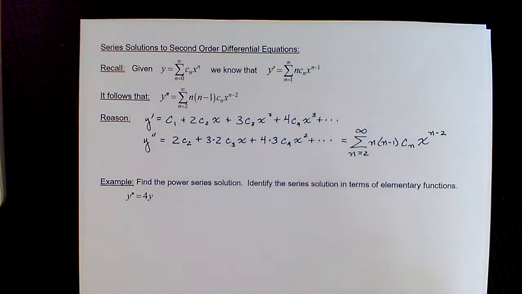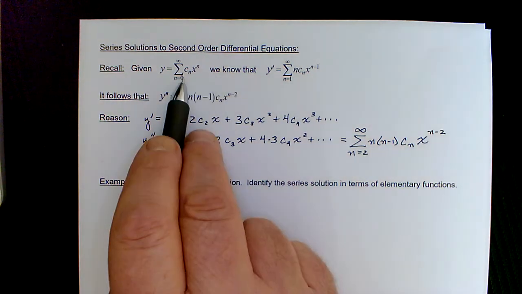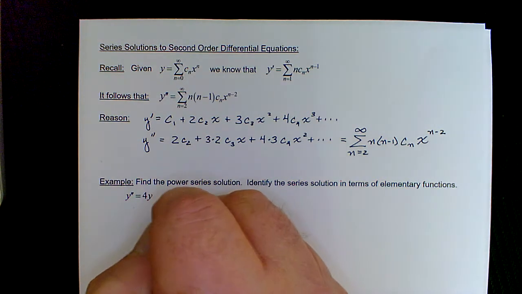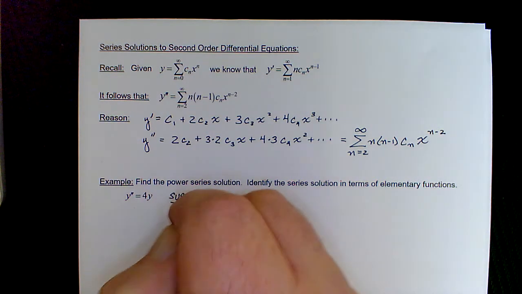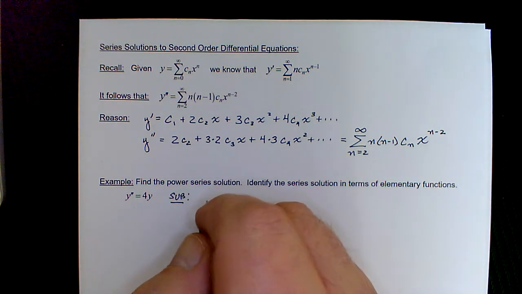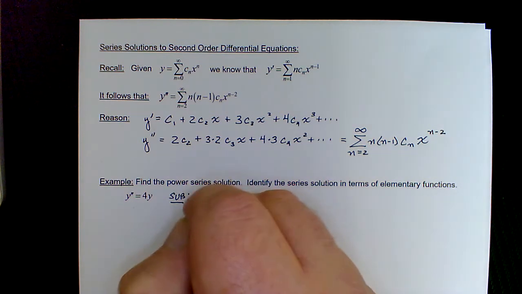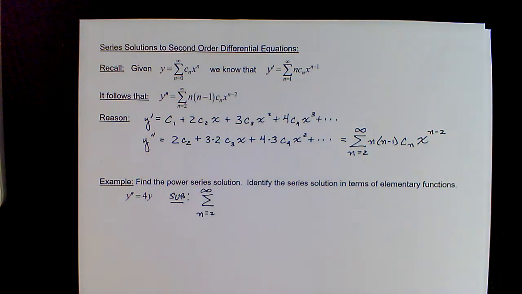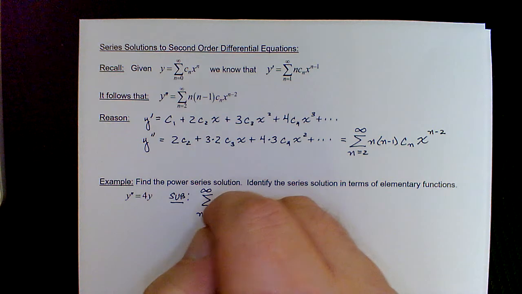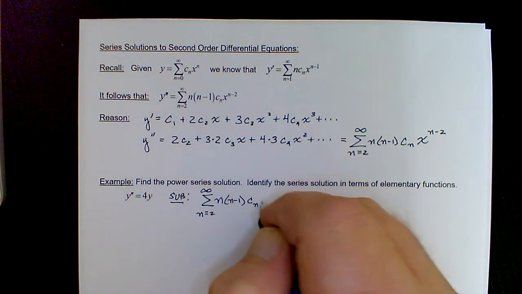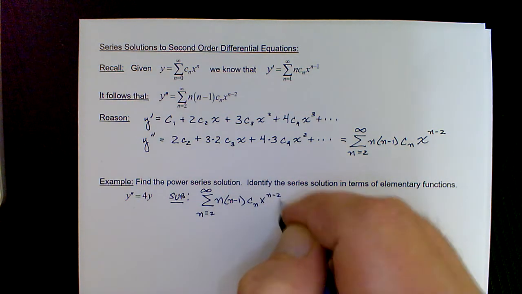Alright, so now we've got the 3 things, and we just substitute, as always. So now y double prime is the sum as n goes from 2 to infinity of n times n minus 1, c sub n, x to the n minus 2.